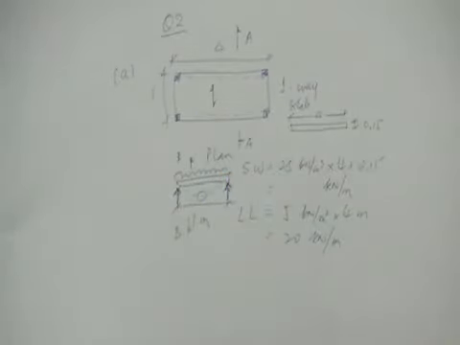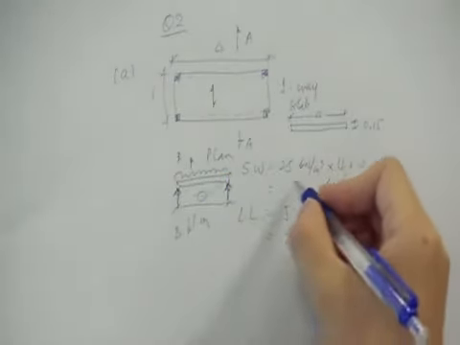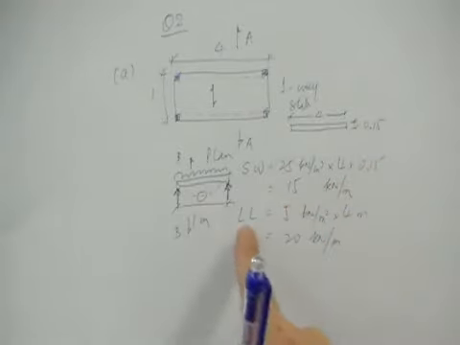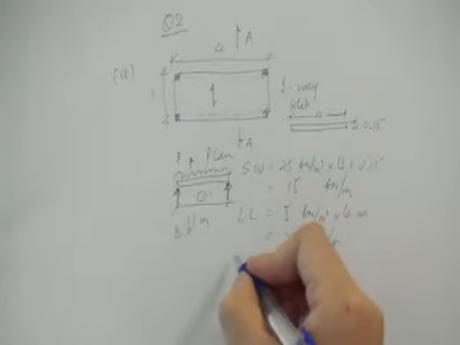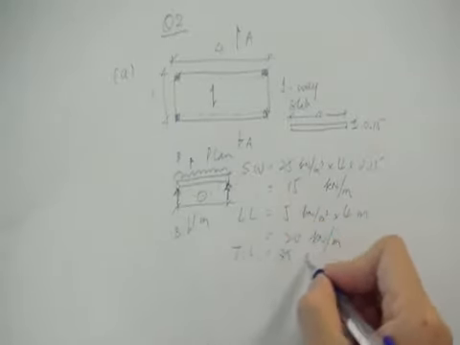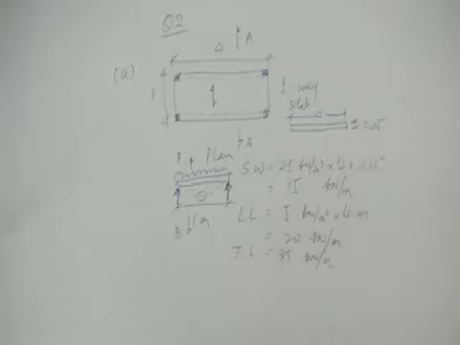So the self-weight is 15 kilonewton per meter and live load is 20, or in other words, the total load is simply 35 kilonewton per meter.